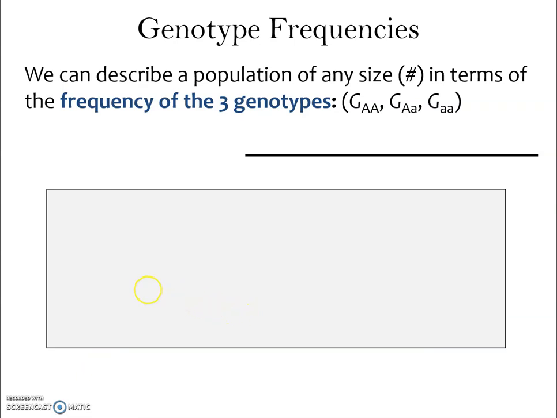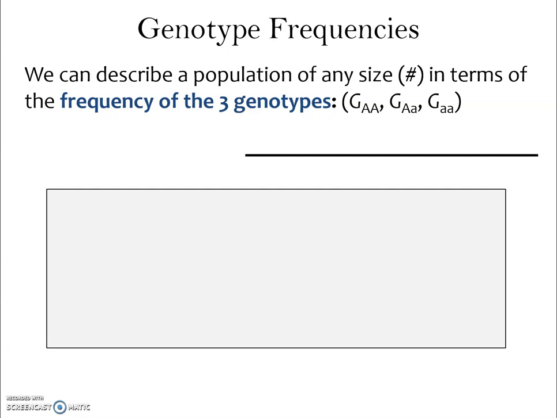The first thing that we want to do if we're given numbers of genotypes is to convert those numbers into frequencies. This is important because frequencies can then be transferred to any population of any size. Numbers, 16 individuals, means something different if you've got 100 individuals than it does if you've got 1,000.